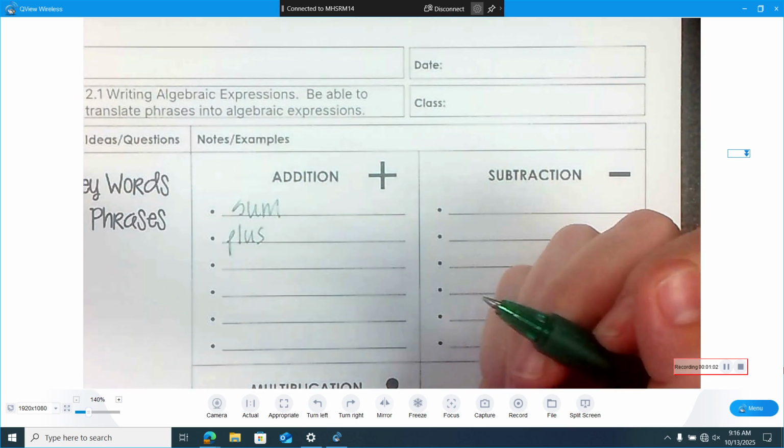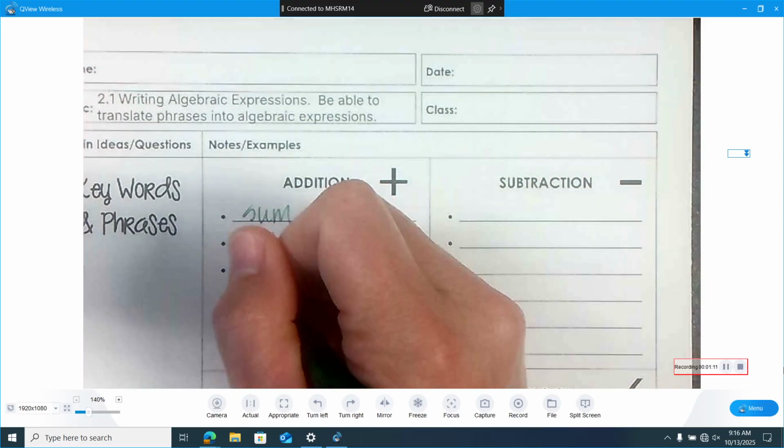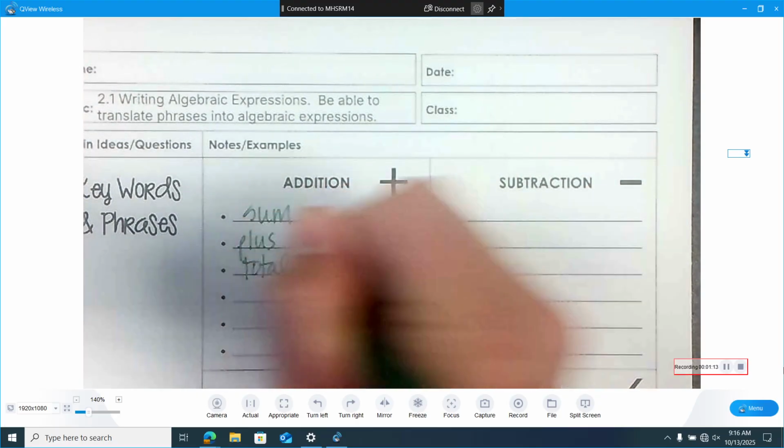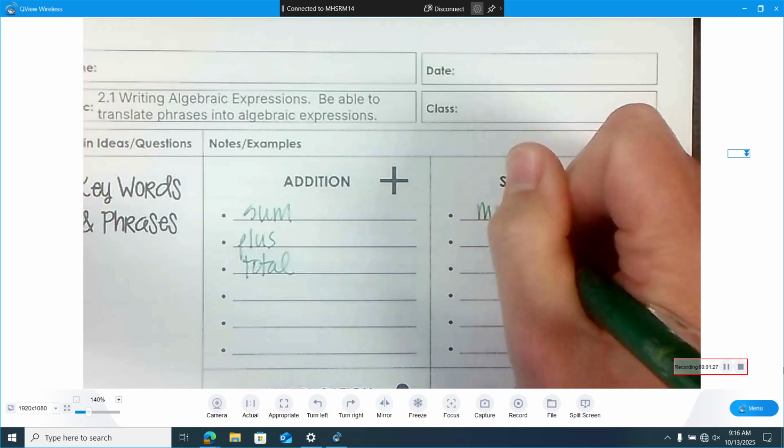What does total mean? Does that mean adding them up? Yeah, sure does. Total. So we have some, plus, total. What if I said a number minus? What would that mean? Subtraction, minus, yeah.